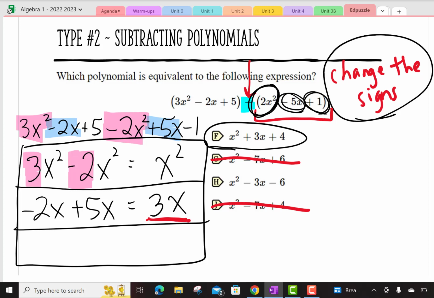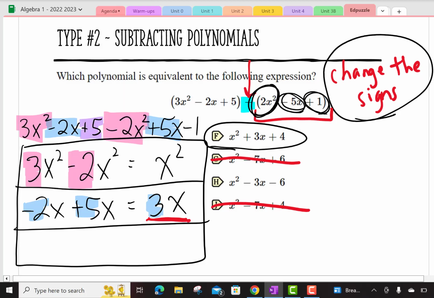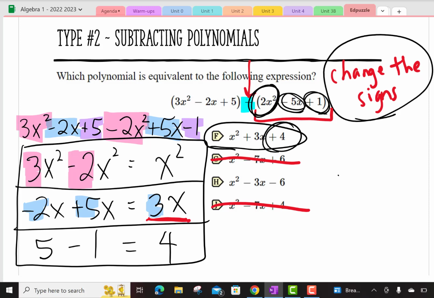So let's check the other part. The last part is 5 minus 1. So 5 minus 1, 5 menos 1, is 4. And again, there we go. 4 is right there. So that is correct. So la respuesta F es correcta.